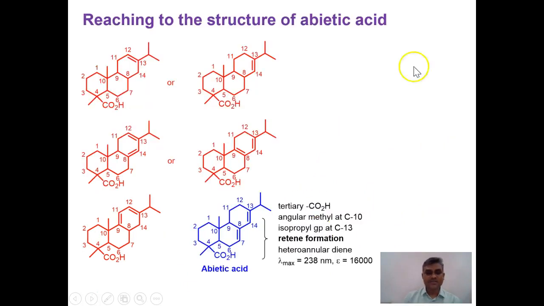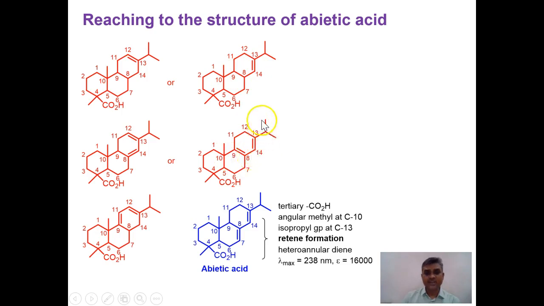So on the basis of this there are various possibilities. If you assume 12-13, then another double bond can be here, or another double bond can be between 9 and 11, but these two structures are ruled out because both of them are homoannular dienes. Now here we are getting the 13-14 possibility. We can put the double bond here, but again it's a homoannular diene.